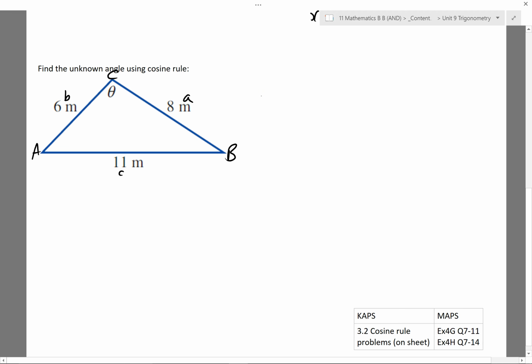List what I know and what I'm trying to find. So, trying to find angle C, I know side C, I know side B, and I know side A. So again, I can't use sine rule because it involves all three sides. So I'm going to be using cosine rule.